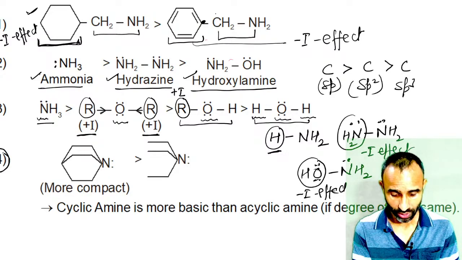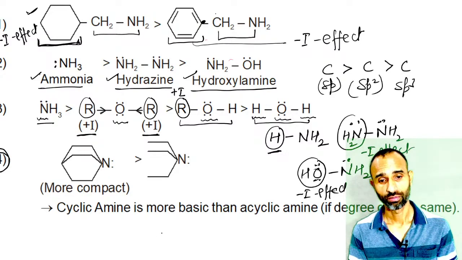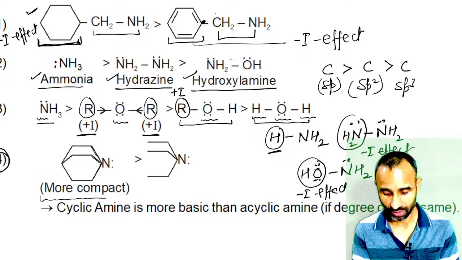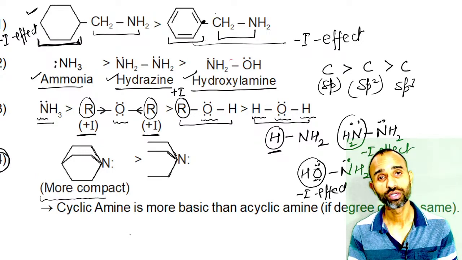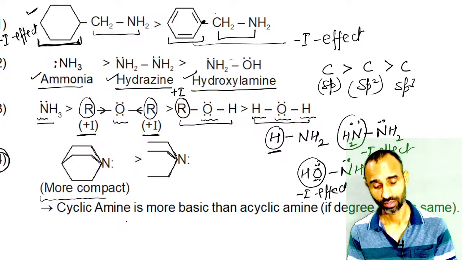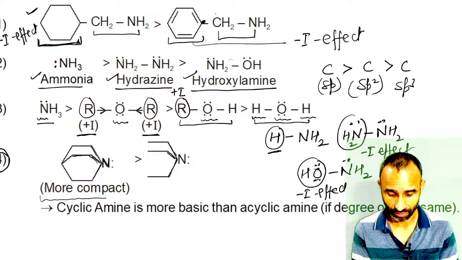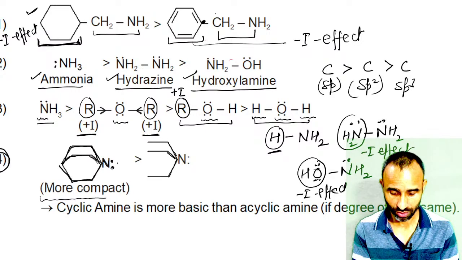This is most interesting case, because in first case nitrogen is attached to 3 carbons, it is also attached to 3 carbons. That means both the nitrogens are tertiary, but first nitrogen is attached to cyclic groups, so it becomes more compact, therefore lone pair is more available for donation.